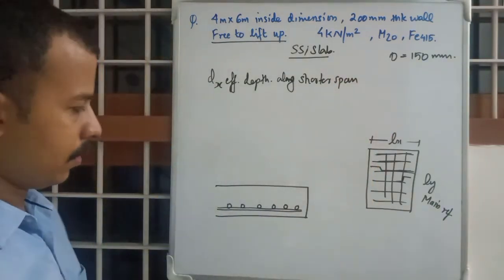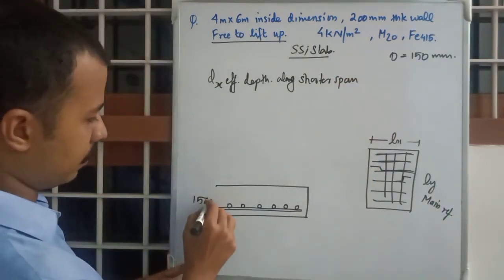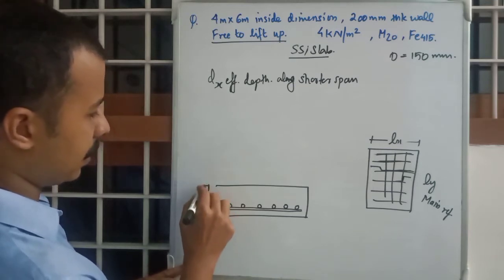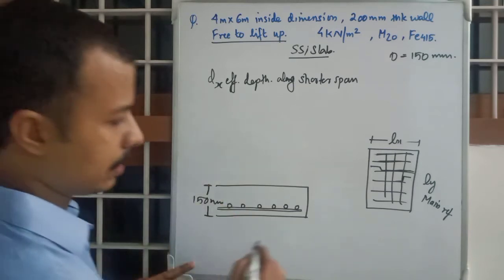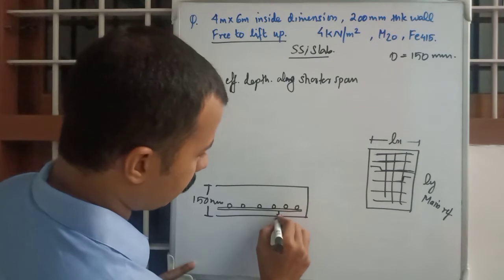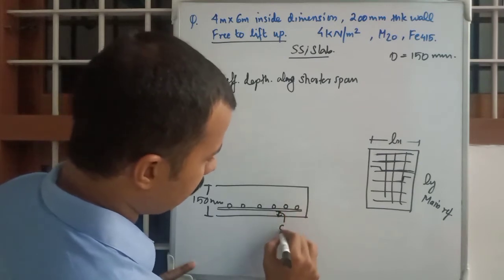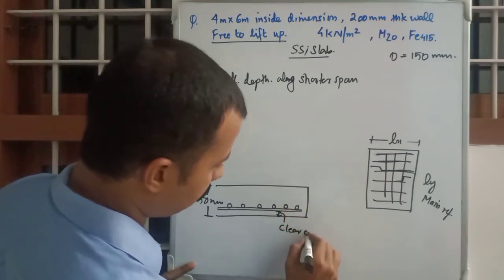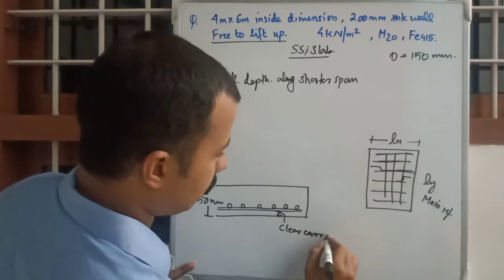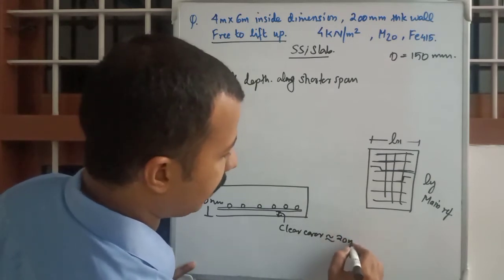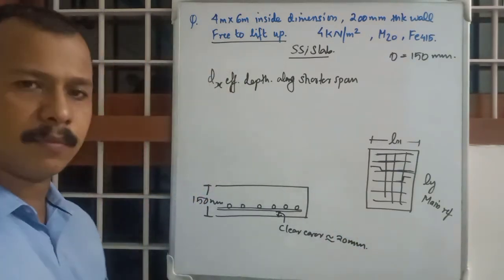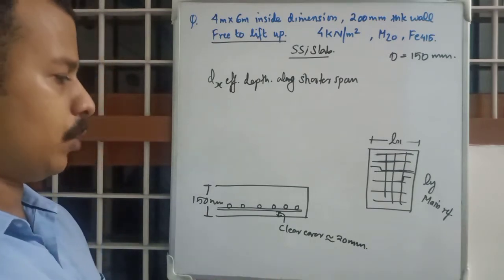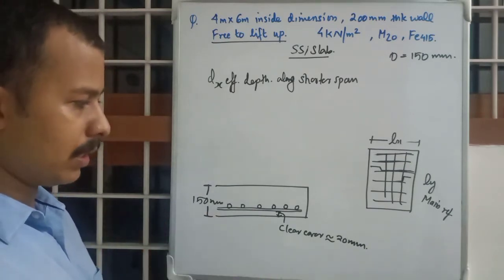Total is 150, right? This portion will be clear cover. That will be around 20 mm for each slab, for one-way slab and two-way slab. 20 mm, we'll assume it.